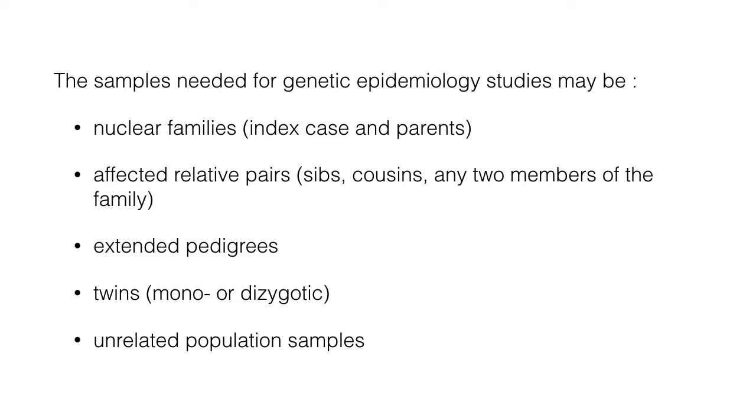We look into extended pedigrees; the more information we have about the relatives and the family, the better. We can also look into twins, whether monozygotic or dizygotic twins. We can also look into unrelated population samples. This would depend on our objective and whether it is suitable for our study.